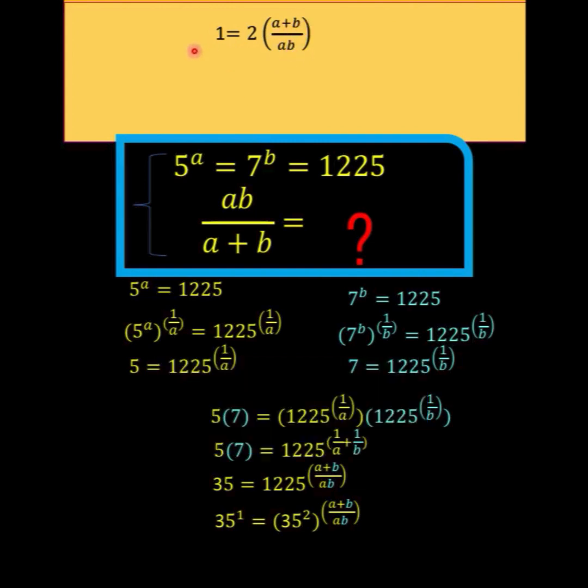And so we now multiply the left side by ab over a plus b, and the right side by ab over a plus b. The product of these two fractions here is 1, so what we have left is ab over a plus b times 1 equals itself. That is equal to the right side 2. And notice now that this is the expression that we want, and therefore, our final answer would be ab over a plus b is equal to 2.